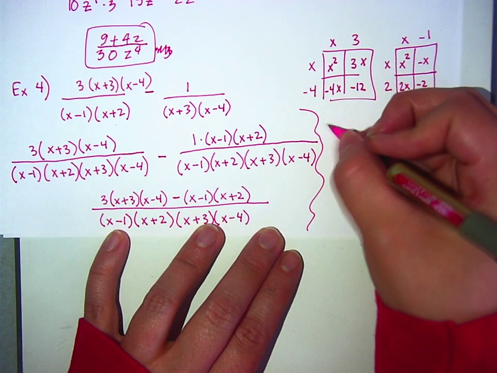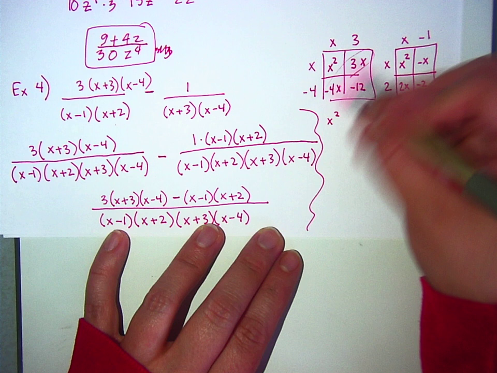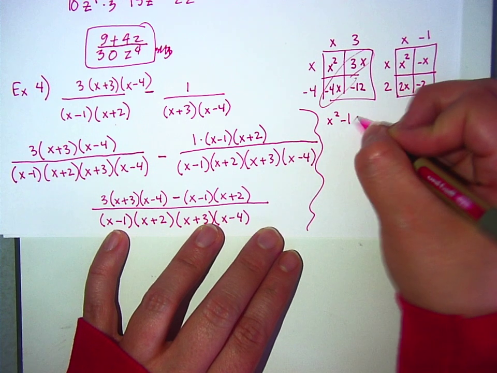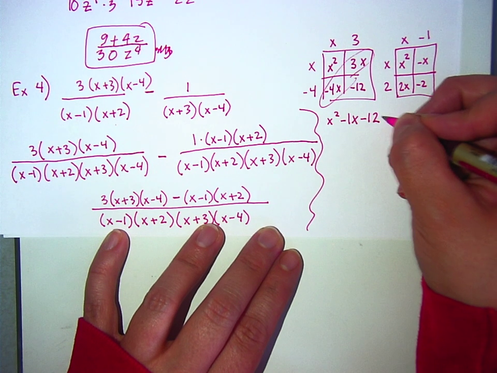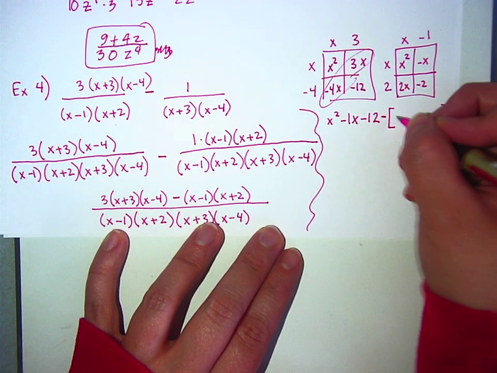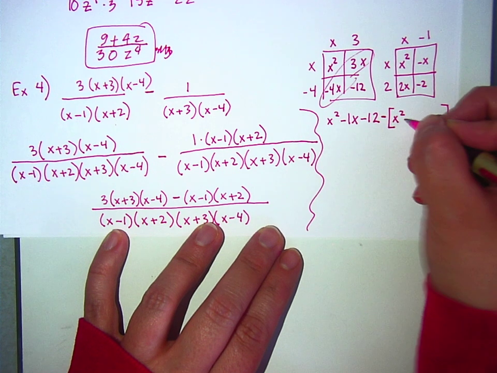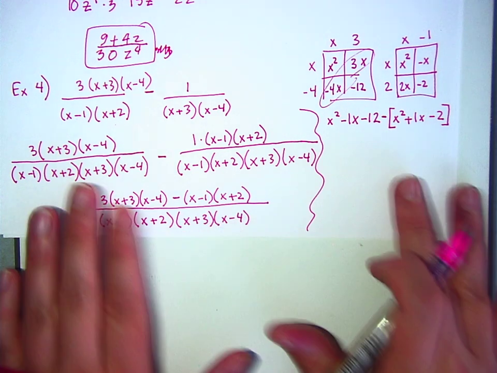Okay, so my first set is x squared. If I combine these two, it would be minus 1x minus 12. Then I'm subtracting the second set, which is x squared plus 1x minus 2.